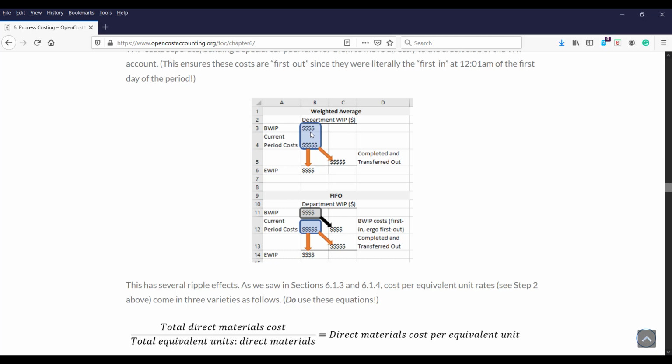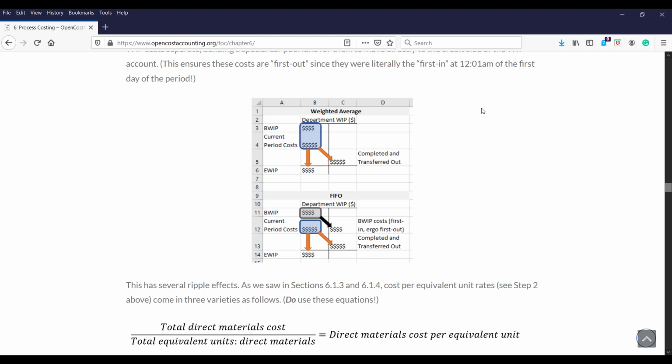Let's say it reflected a really, really good month. You had really low costs for how much you produced. Well, with weighted average, that's going to affect, at least peripherally, your ending WIP numbers for this period, and therefore that's going to become your beginning WIP numbers for next period. So having a good month last month will affect this month's numbers and the month after.